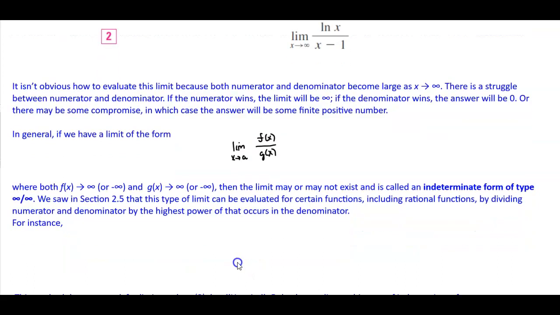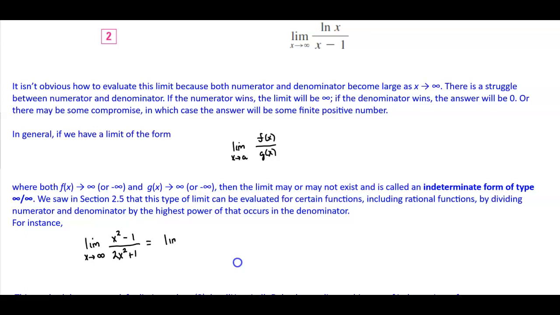So, for example, if we have the limit as x is approaching infinity of x squared minus 1 divided by 2x squared plus 1, we have a function in the numerator and a function in the denominator.